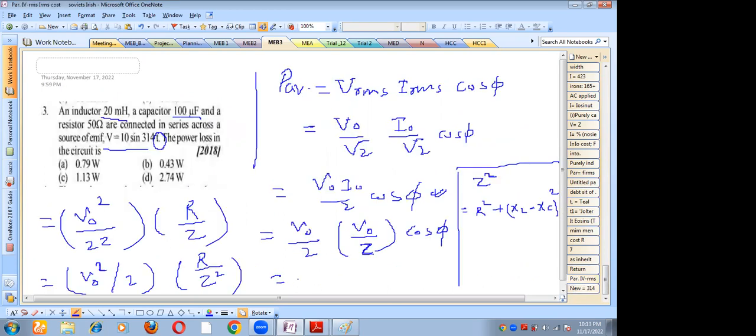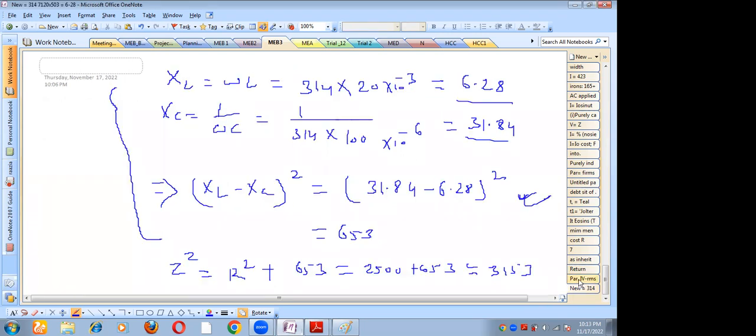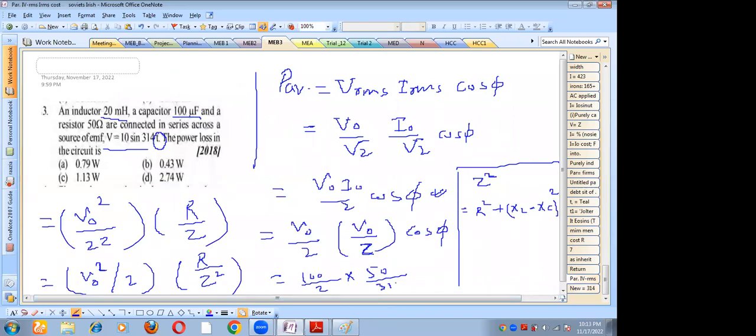Put the values. What is V naught square? 100 by 2. What is the value of R? 50. What is Z square? We got 3153. To calculate this one, how much are you getting? 5,000 upon 6,000 something.